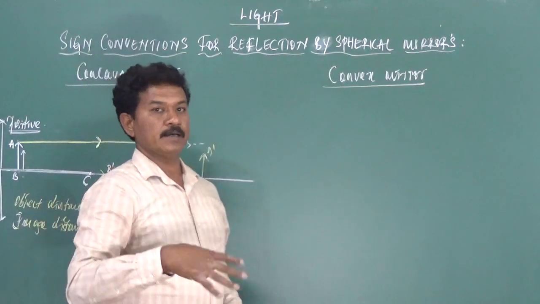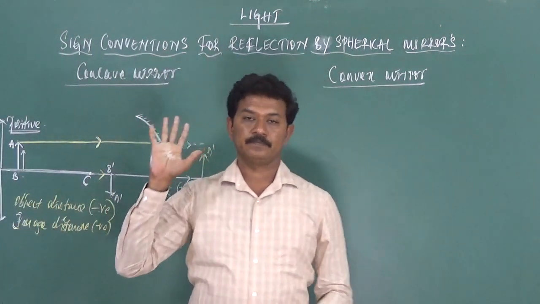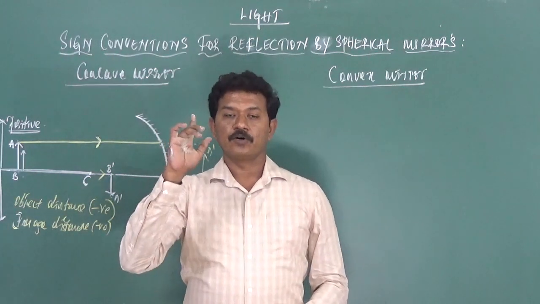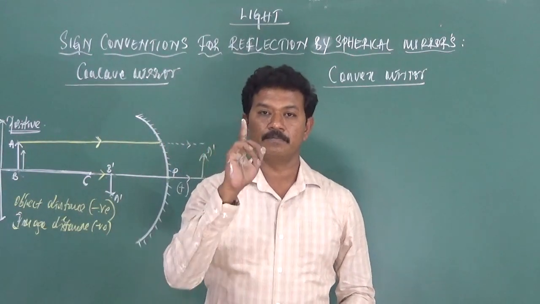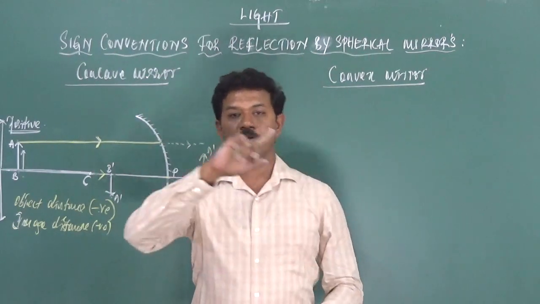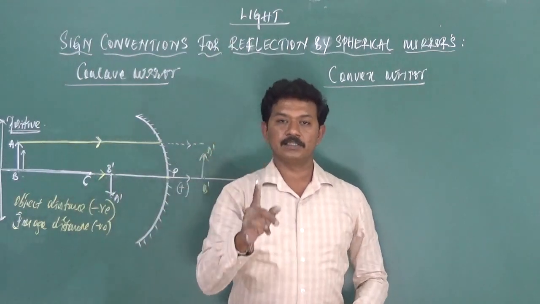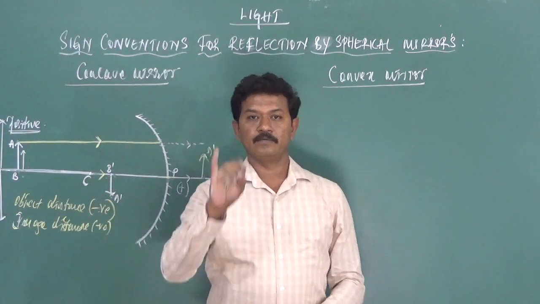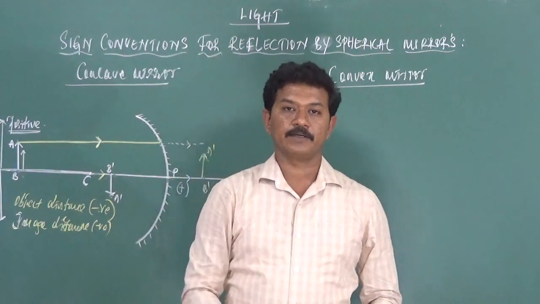So now I have 5 statements. I will repeat this once again. All the distances you measure from the mirror, whether it is a concave mirror or a convex mirror, should be measured from the pole of the mirror. First point. Now the second point.